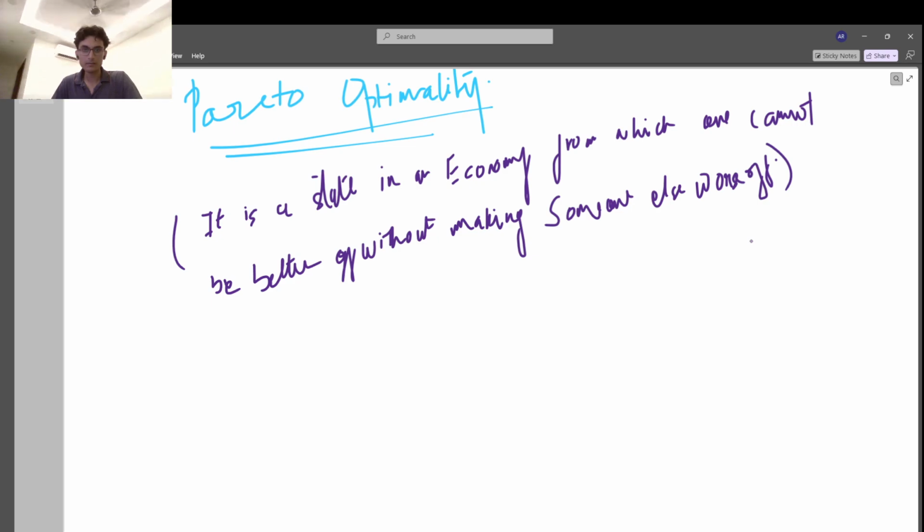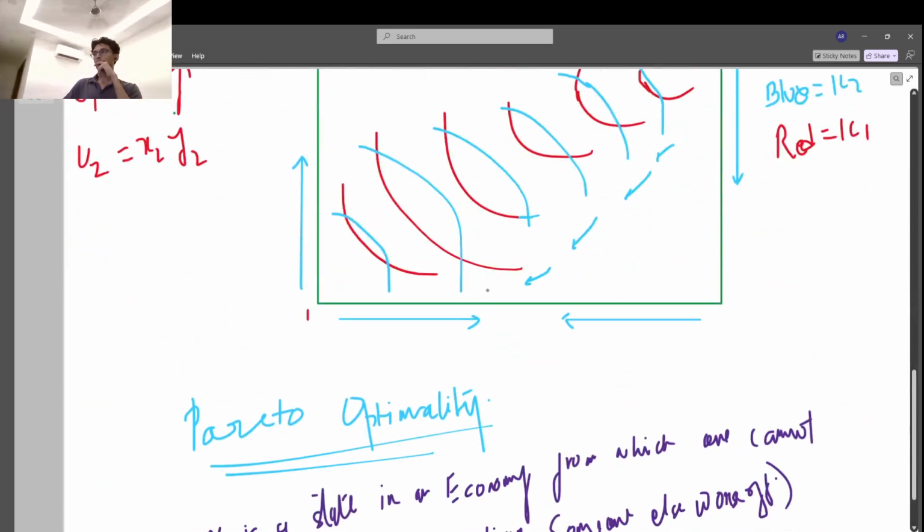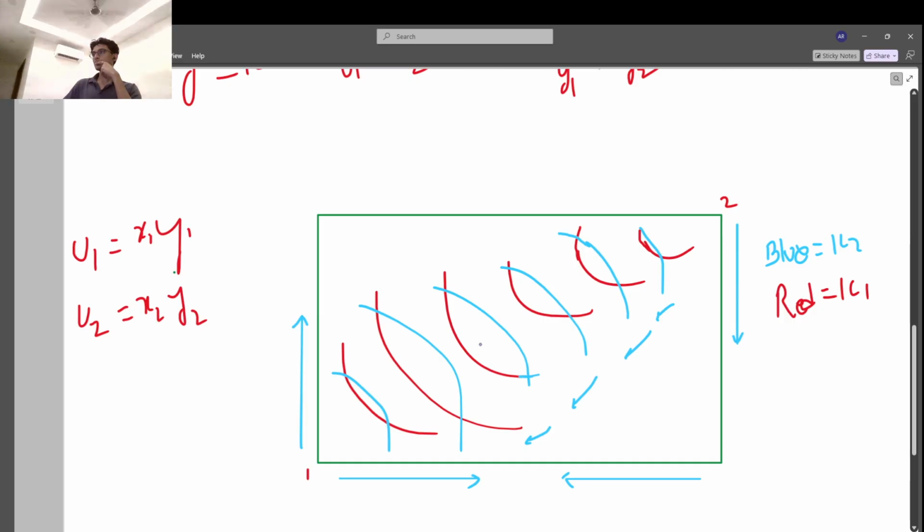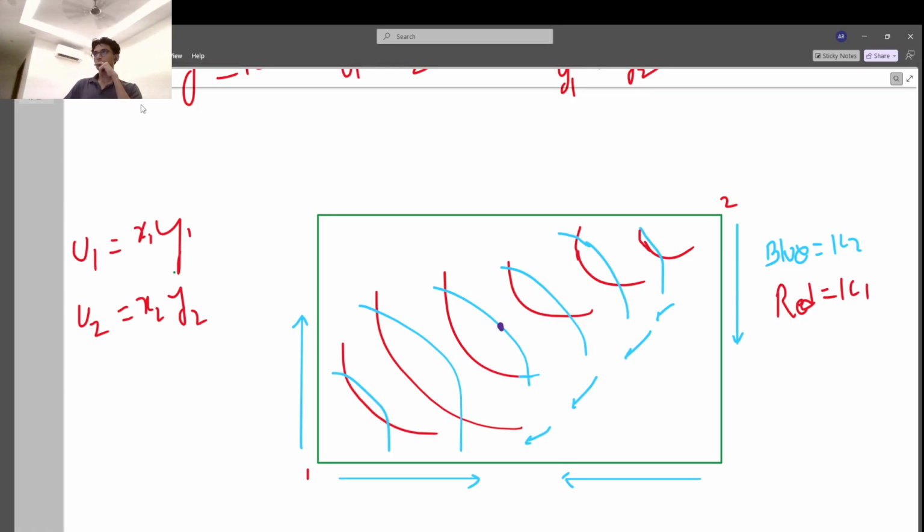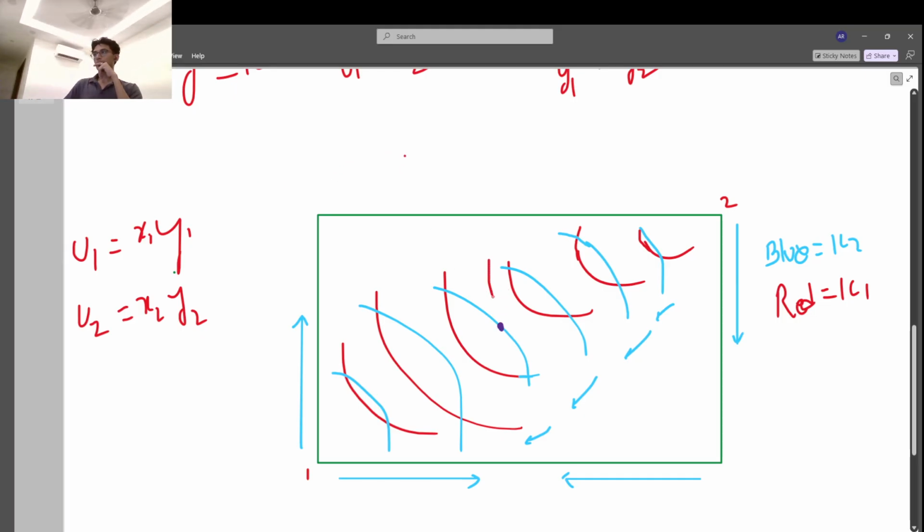So what does it mean actually? Let's say we have a Pareto optimal allocation, let's say here. So let this be a point, and this be an IC of individual one.